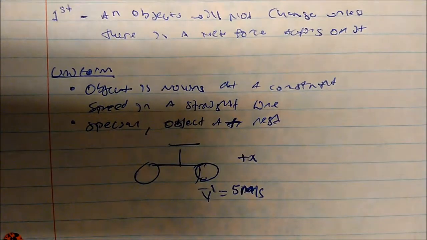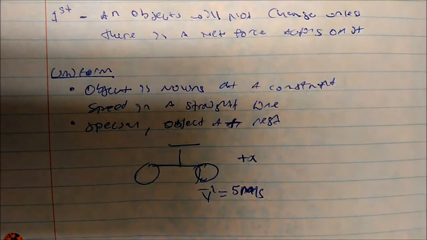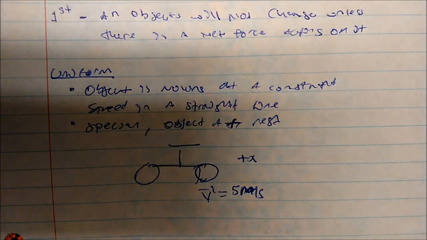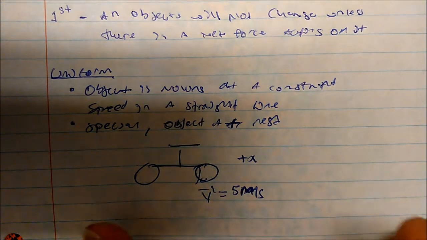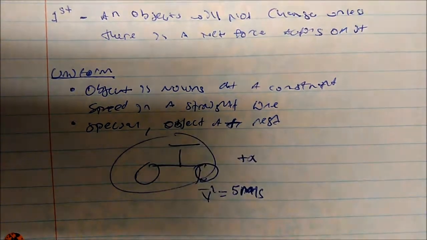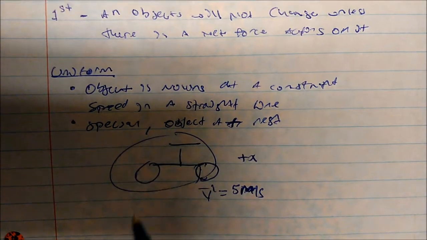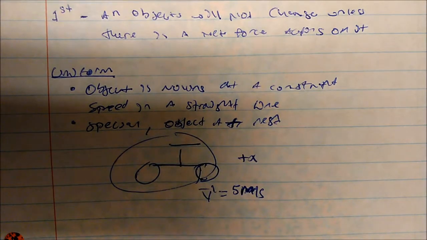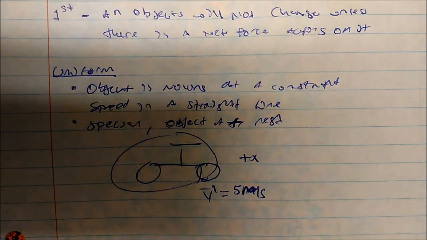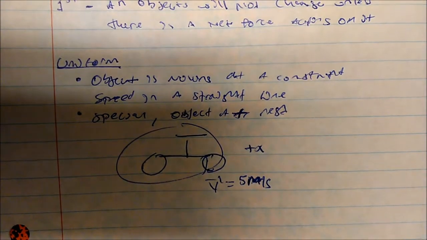The constant velocity, he's moving in the same direction. He's experiencing forces, but they all cancel. If I put a circle around my object, net force is actually zero. It's going in a straight line. There's no change in direction. That's what we consider as uniform motion.